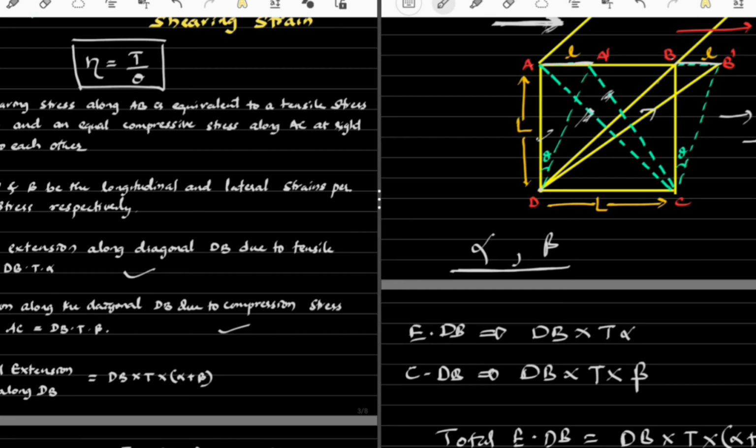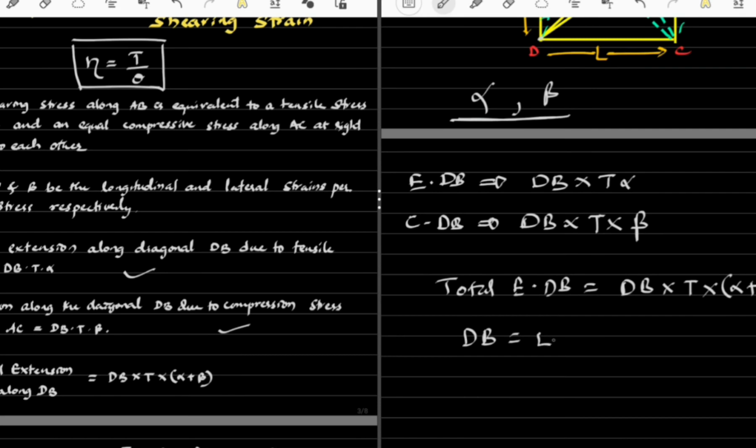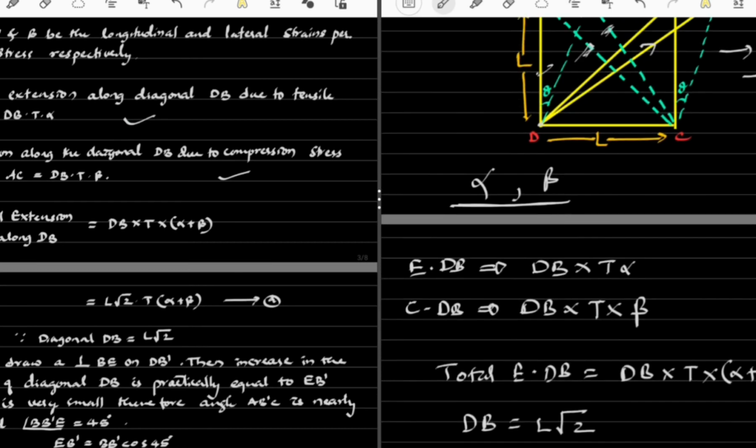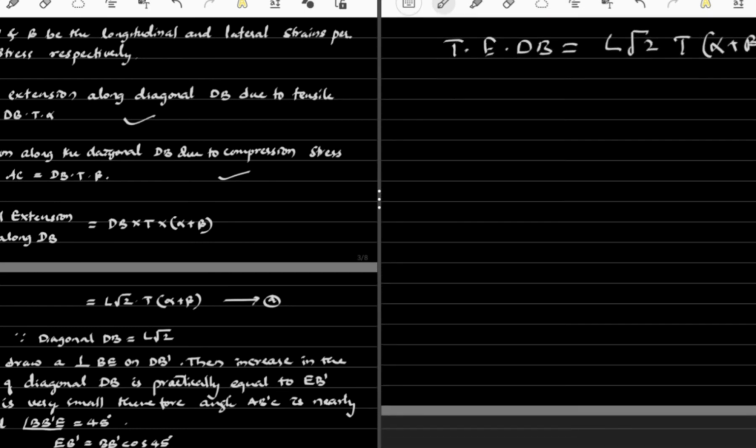For this right angle triangle the dB, that is the diagonal, if you calculate that value, you will get L into root of 2. Therefore the total extension along dB is equal to L root of 2 into T into bracket alpha plus beta. So this is equation 1 we will get. So now here what we'll do, we'll take a data diagram.